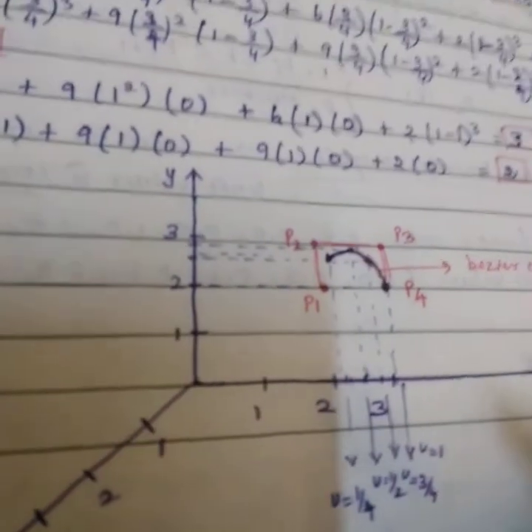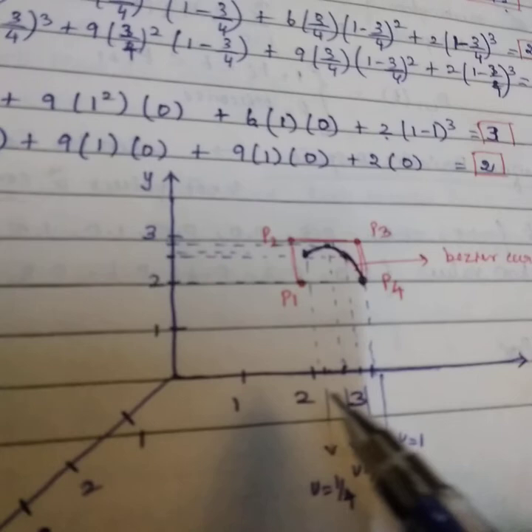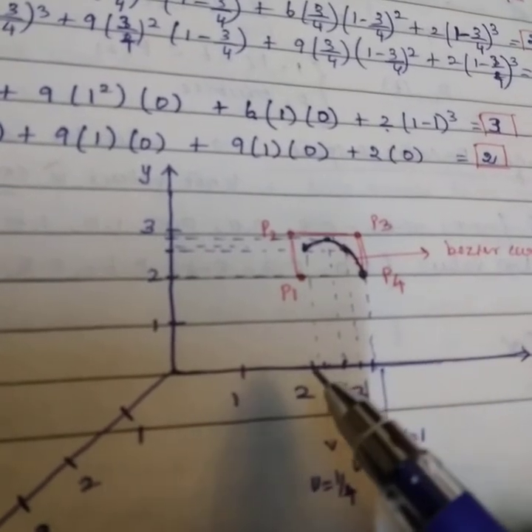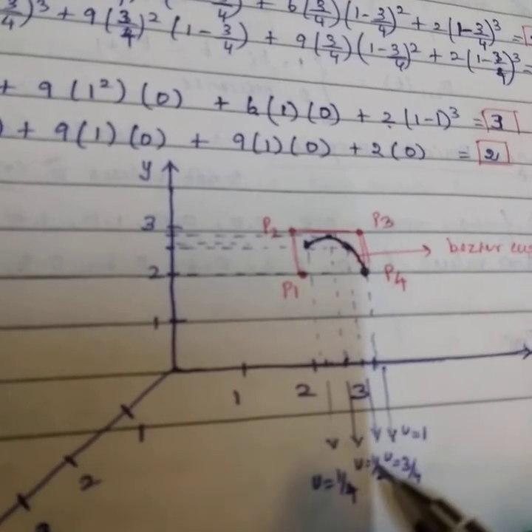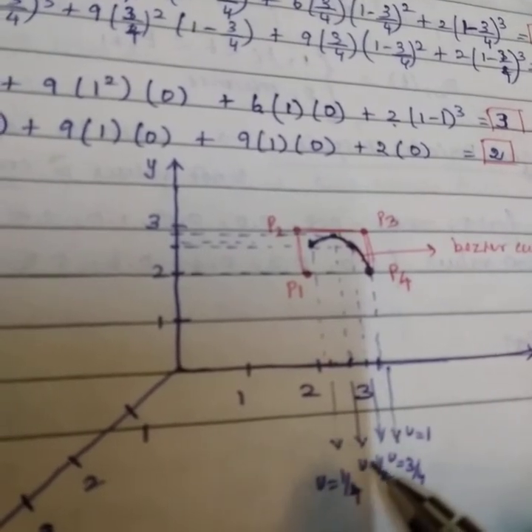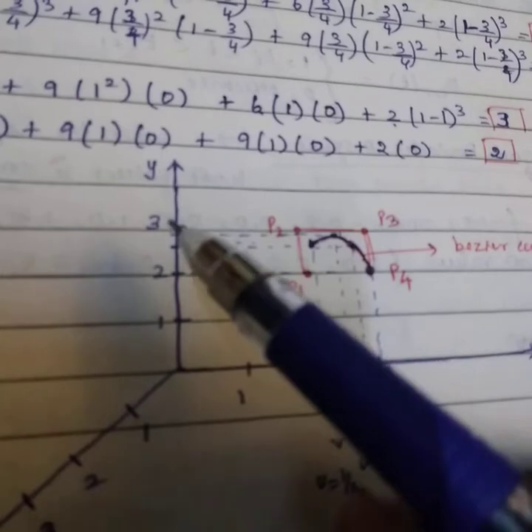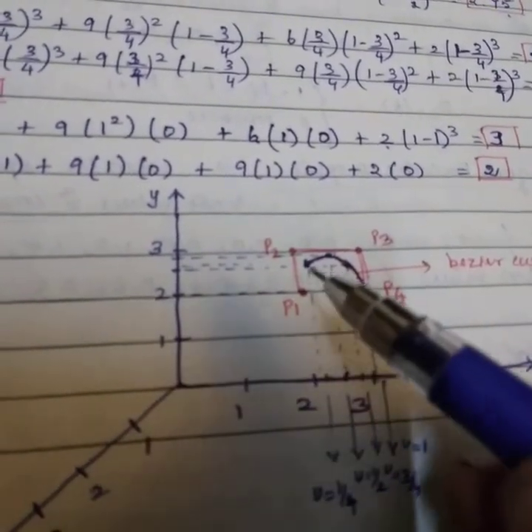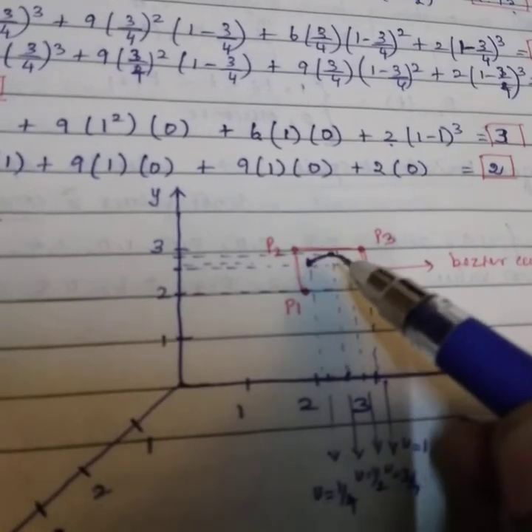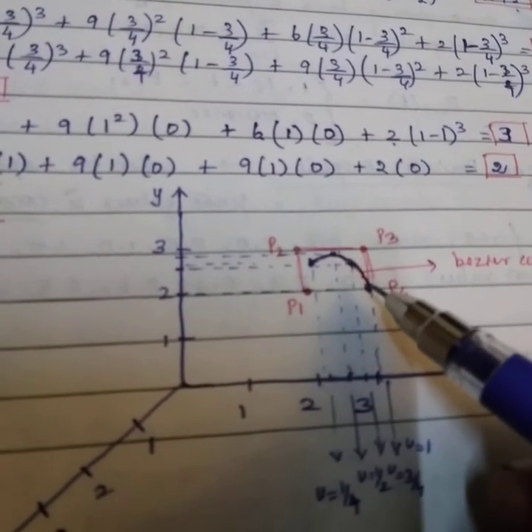Let's divide 2 to 3 into 4 equal parts: 1 by 4, 1 by 2, 3 by 4 and 1. Similarly here also. This will be the first point, second point, third point and fourth point.